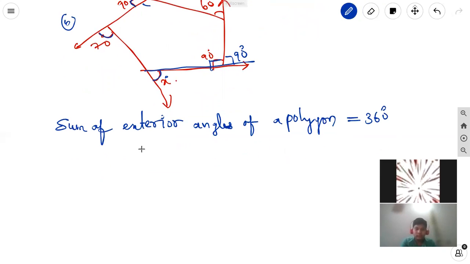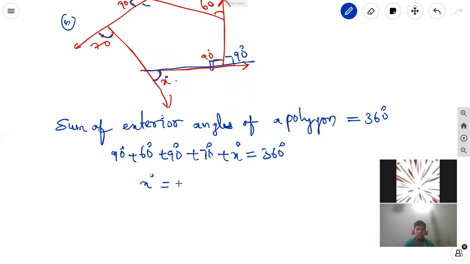So here known exterior angles are 90 degrees plus 60 degrees plus 90 degrees plus 70 degrees plus X degrees equal to 360 degrees. Here X degrees equal to 360 degrees minus, here 90 plus 60, 150. 150 plus 90, 240. 240 plus 70, 310 degrees. From this, X equal to 50 degrees. So X equal to 50 degrees.